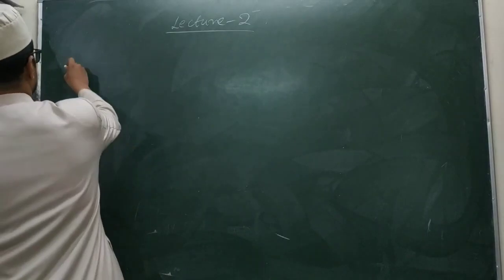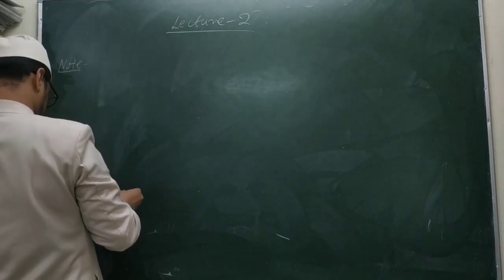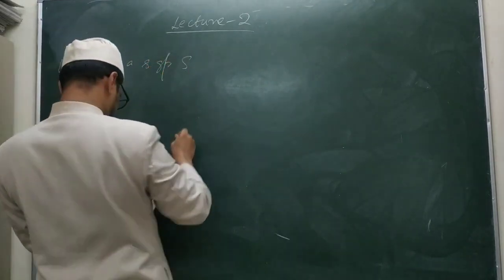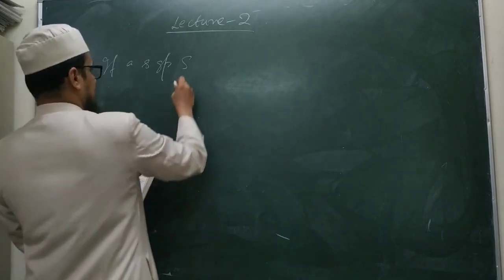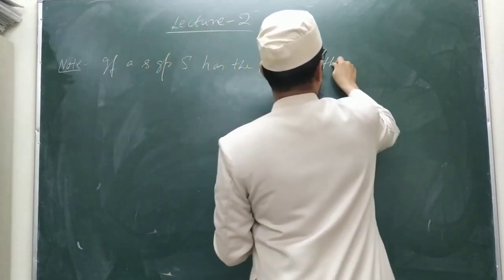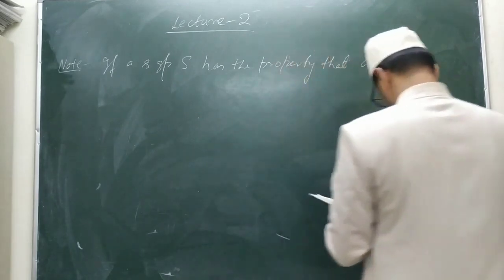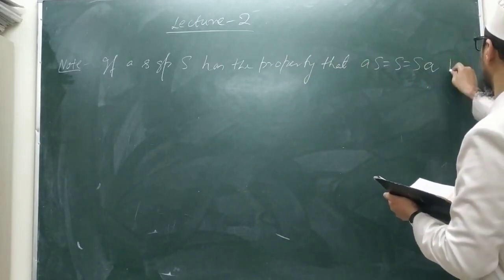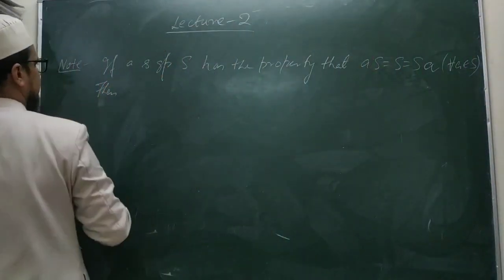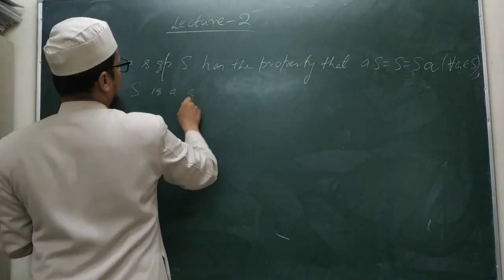First, note down that if a semigroup S has the property that AS is equal to S is equal to SA for every A belongs to S, then S is a group.